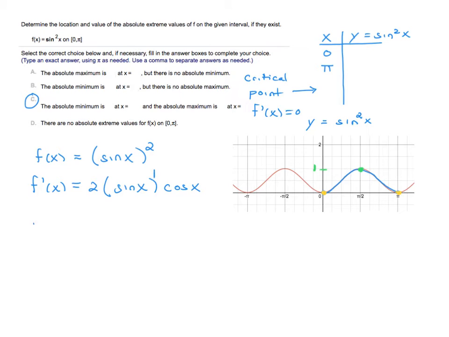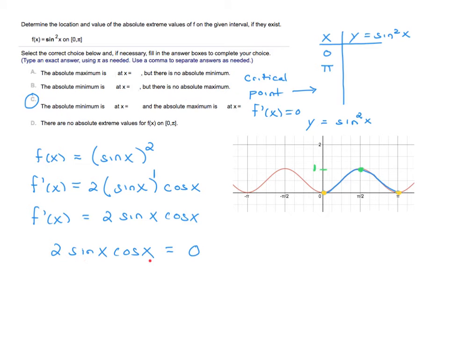And we need to set this derivative equal to 0 and then figure out all the values of x within this interval, and only that interval, where this is a true statement.